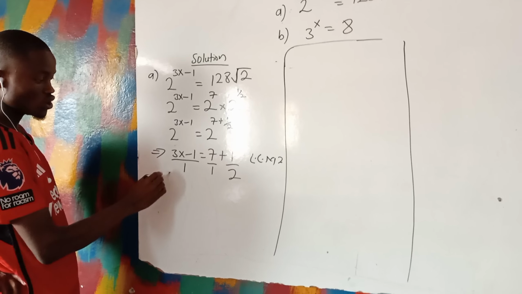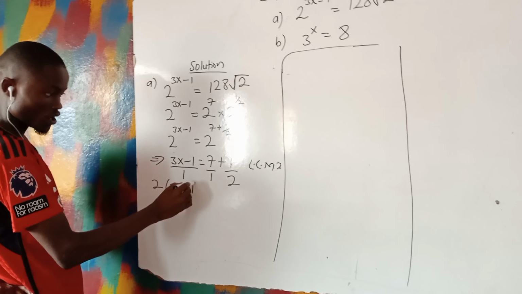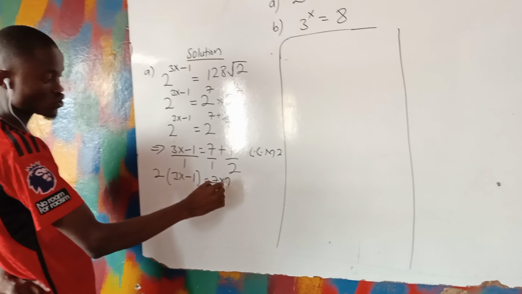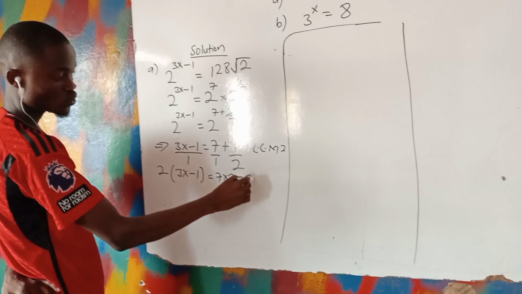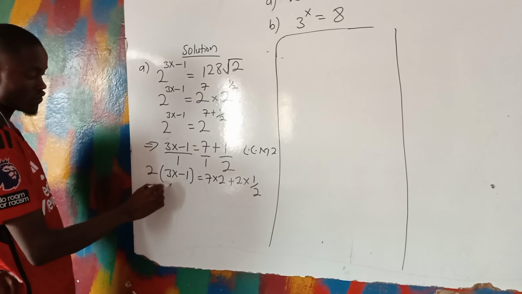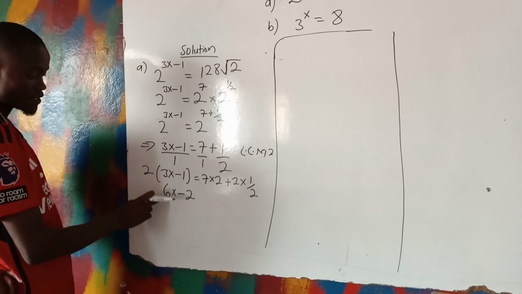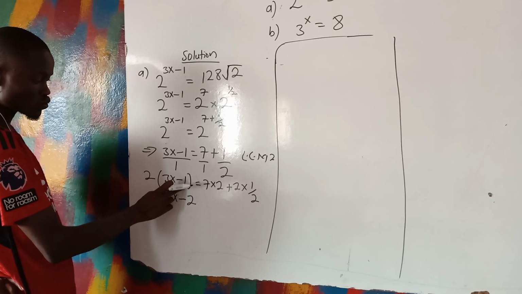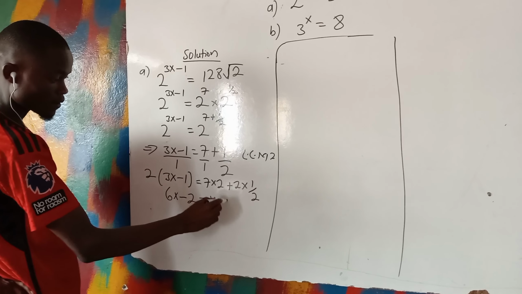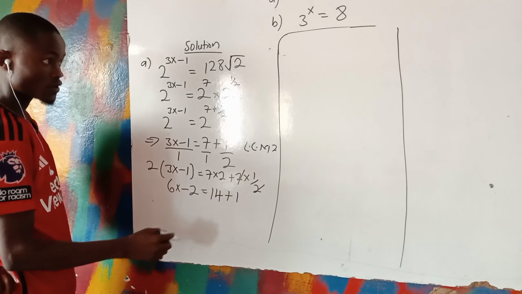You say 2 into 3x minus 1 equals 7 times 2 plus 2 times 1 upon 2. So this and this will give us 6x minus 2, that is 6x, and 2 times minus 1 is minus 2. 14 plus this, which cancels with this, will give us 1.